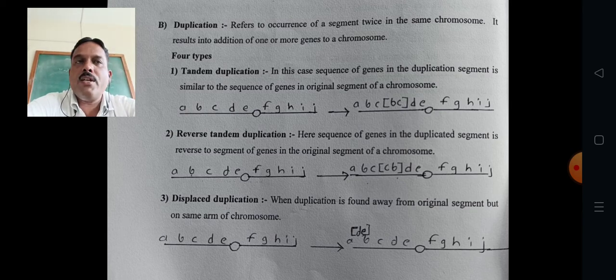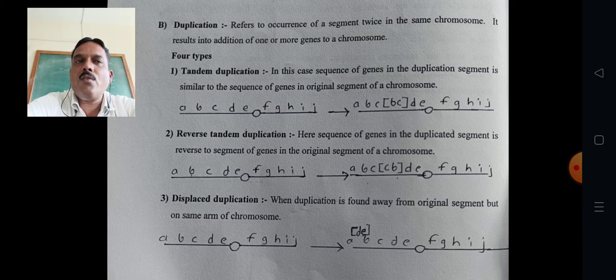So the BC segment is in duplication, then DE, F, G, H, I, J. That is the sequence of the genes. Likewise, the BC duplicated segment is observed as an addition. Then the second type is exactly similar, but the sequence will be exactly reverse.